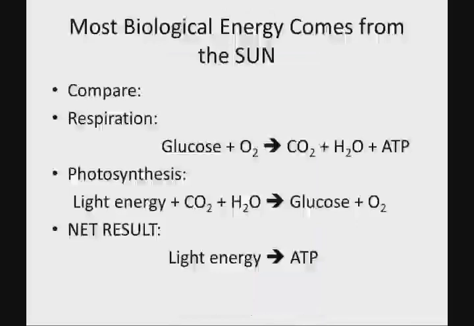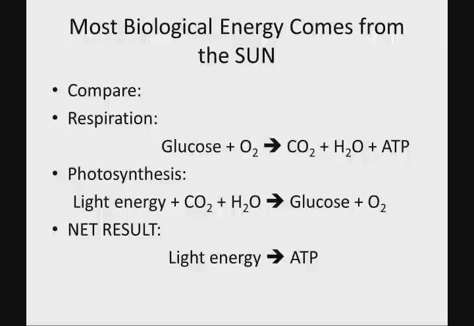And so when you look at this, you can actually break it down and see respiration as glucose plus oxygen yields CO2 plus water and ATP. Photosynthesis is light energy, CO2 and H2O equals glucose and O2. And just like any mathematical equation, you can cross things out that are on opposite sides of the arrow. So glucose on the left cancels glucose on the right in photosynthesis.